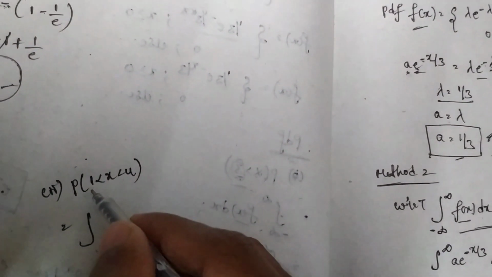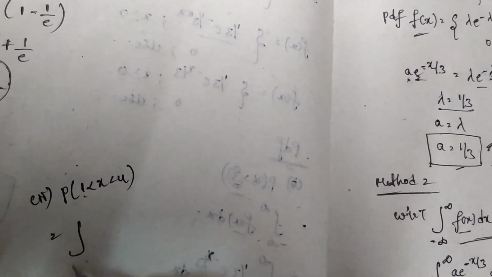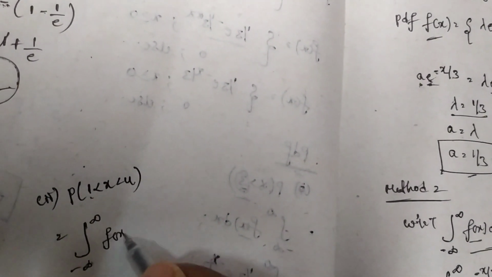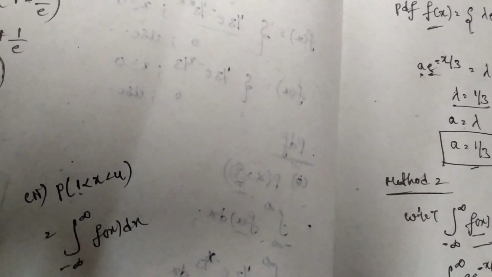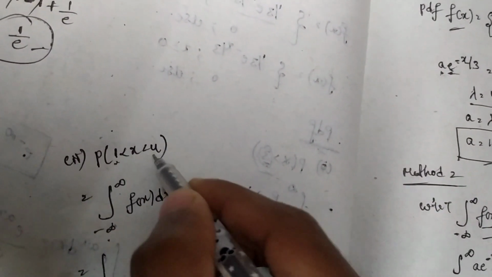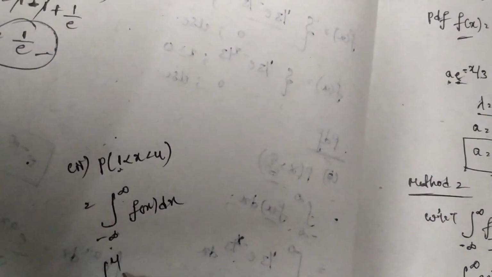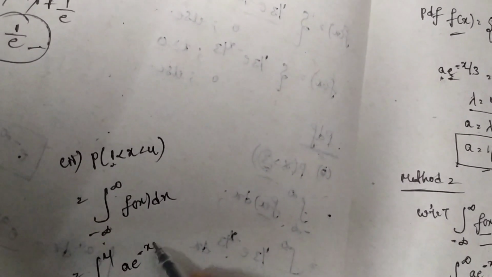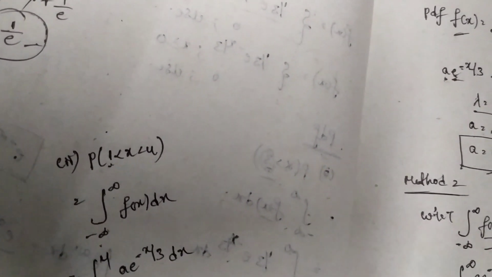The value conditions are between 1 to 4. In place of minus infinity to infinity f of x dx, we take 1 to 4. The function is a into e power minus x by 3 dx.